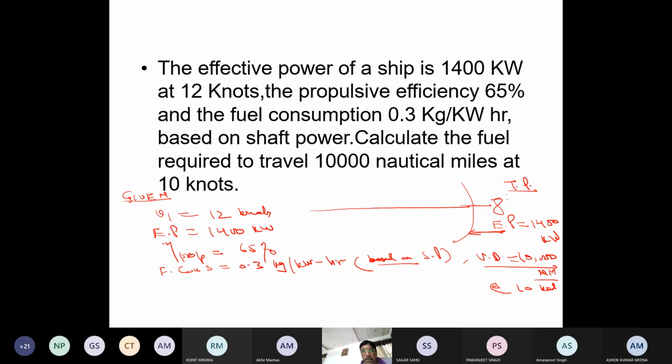नहीं दिया है. So first thing I will do is assuming hull efficiency 100%.